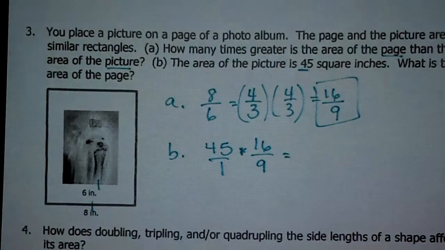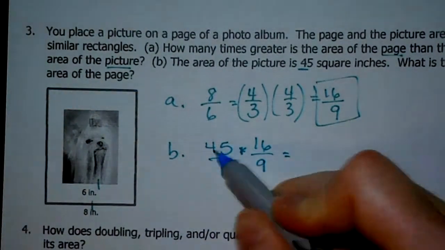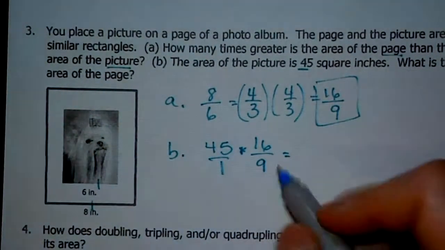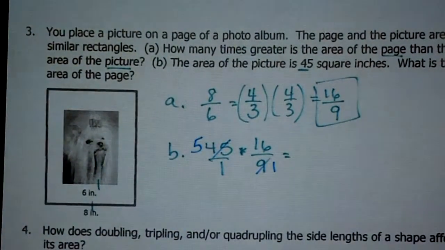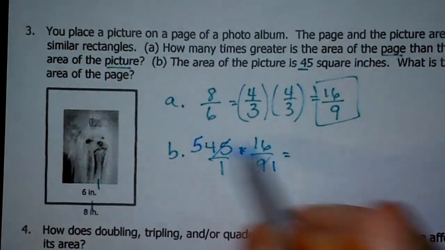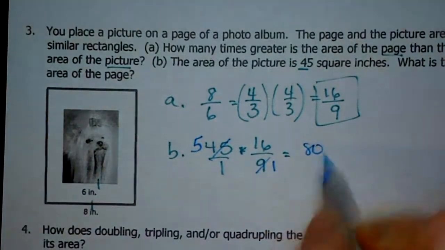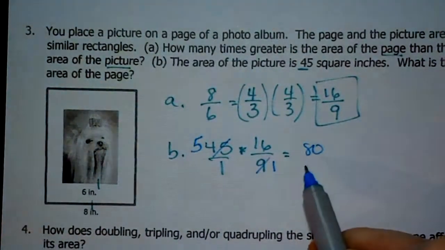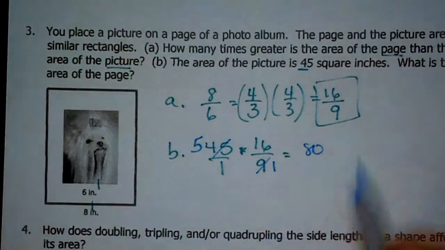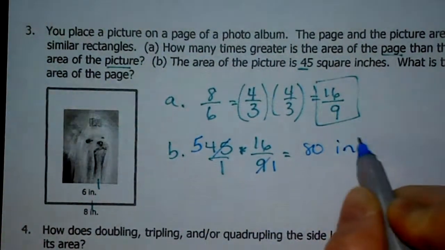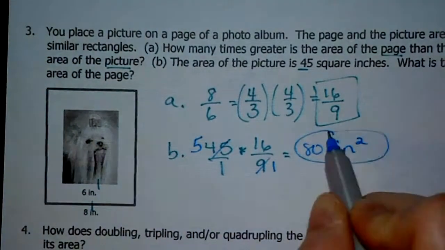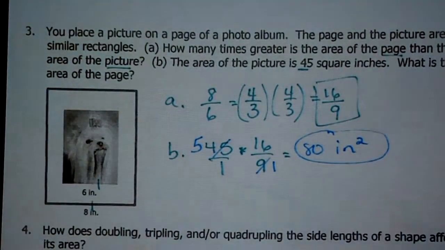I think cross-canceling will really help us out here. I see 45 and 9, and I know that 9 times 5 is 45. So I'm going to switch that up and make it a little easier for myself. 5 times 16 is 80, and 1 times 1 is 1, and 80 over 1 is just 80. So I'm going to write 80, and this is inches squared. So the area of the second picture would be 80 if the area of the first one is 45.